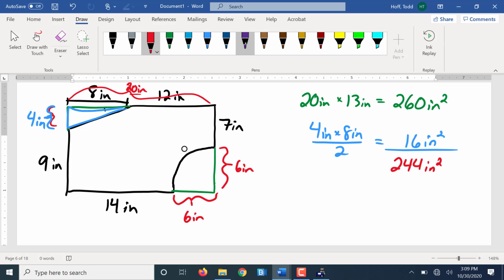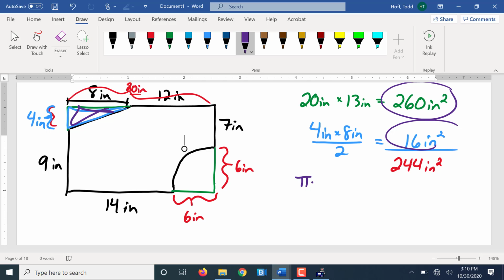Now, how do we find the area of that quarter circle? The area of the whole rectangle minus that triangle that's missing. Quarter circle is just the area of a full circle divided by 4. How do I find the area of a full circle? So I just got to find the area of that quarter circle. So it's the area of a full circle divided by 4.